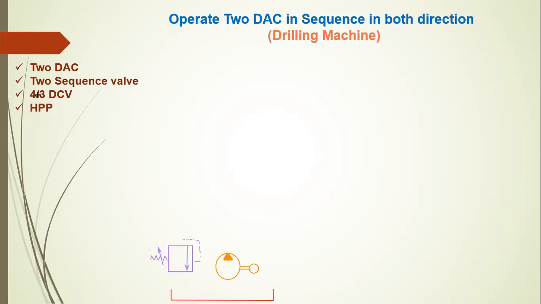Then after that we require the 4 by 3 direction control valve. Let's draw the 4 by 3 direction control valve.